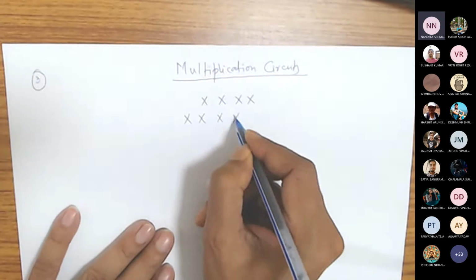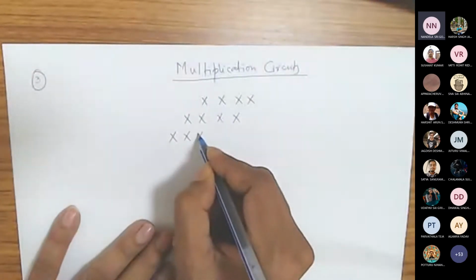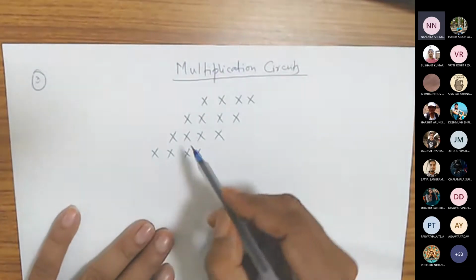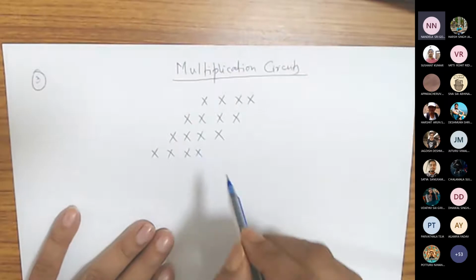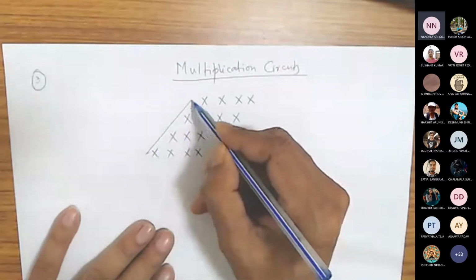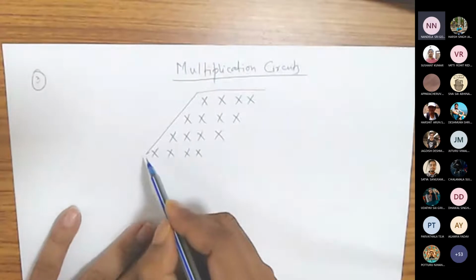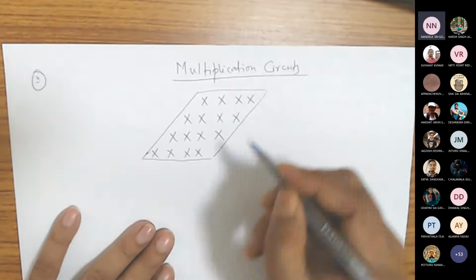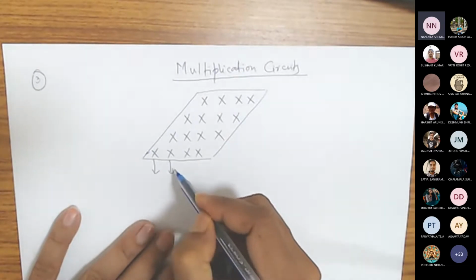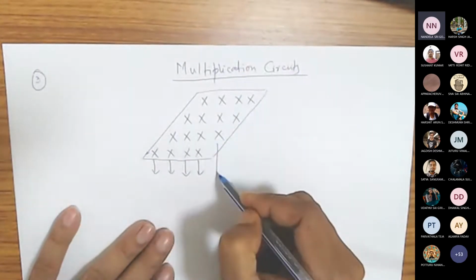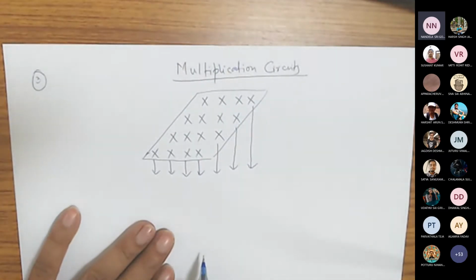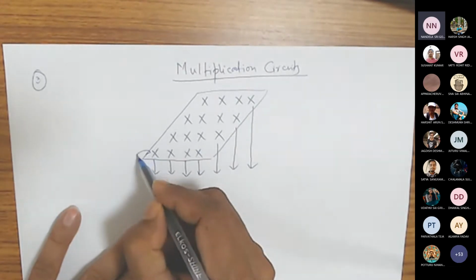I'm not writing any number, but the placement of the numbers is important. When you do multiplication on paper, you'll find that we actually get the results like this, and the carry will come here.